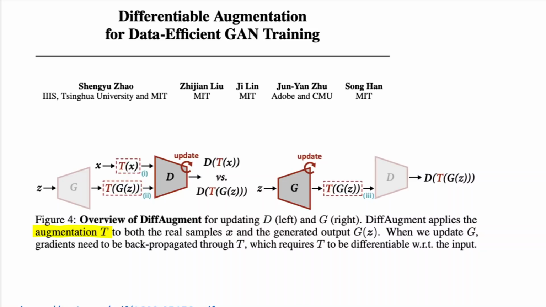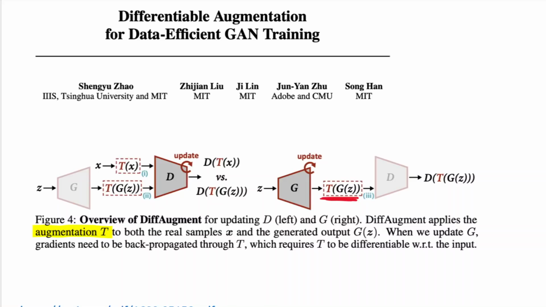Data augmentation is things like cropping or changing the brightness, color jitter, rotating, and so on. As long as that's a differentiable operation, you can use this technique right here, where you backprop through the augmentation. You can see right here in the generator update, you actually backprop through the T function, and therefore you get a much better signal. Plus, you get all the benefits of data augmentation.